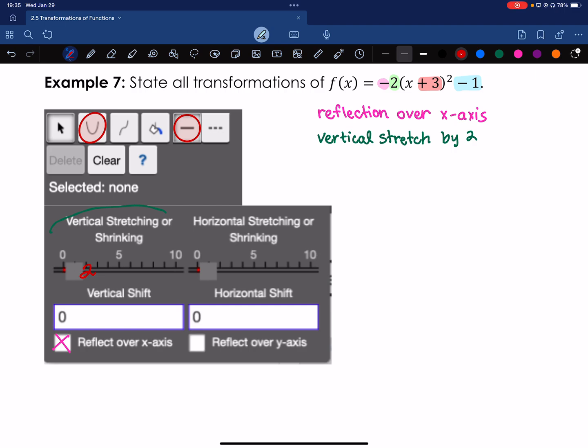Then we have the +3, remember opposite, and that this is actually going to the left 3 units. So for our horizontal shift, because it's going to the left, you would actually plug in a -3, so it moves to the left. And then the last one is going down 1 unit.